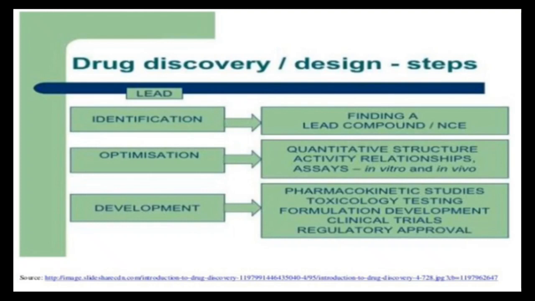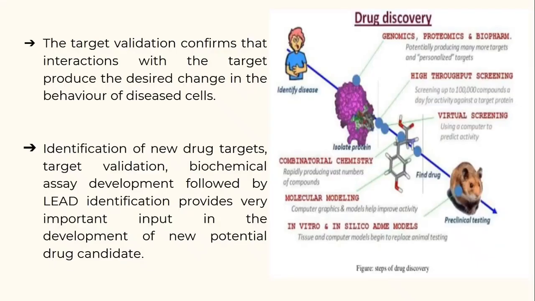Target validation confirms that interactions with the target produce the desired change in the behavior of the disease cells. It is a crucial step in the drug discovery process. Identification of new drug targets, target validation, and bioprocess assay development, followed by lead identification, provide very important input in the development of new potential drug candidates.